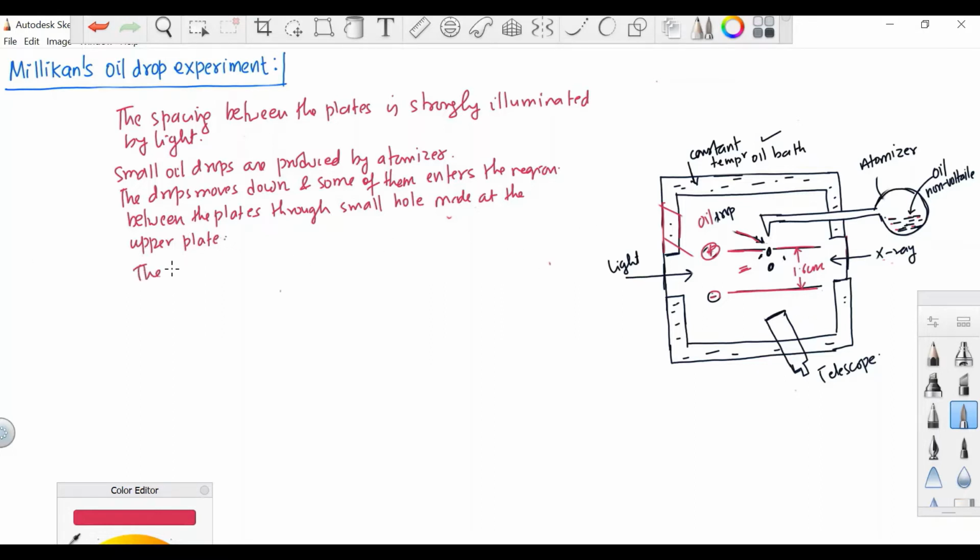The drops are generally charged by friction during the spraying process.